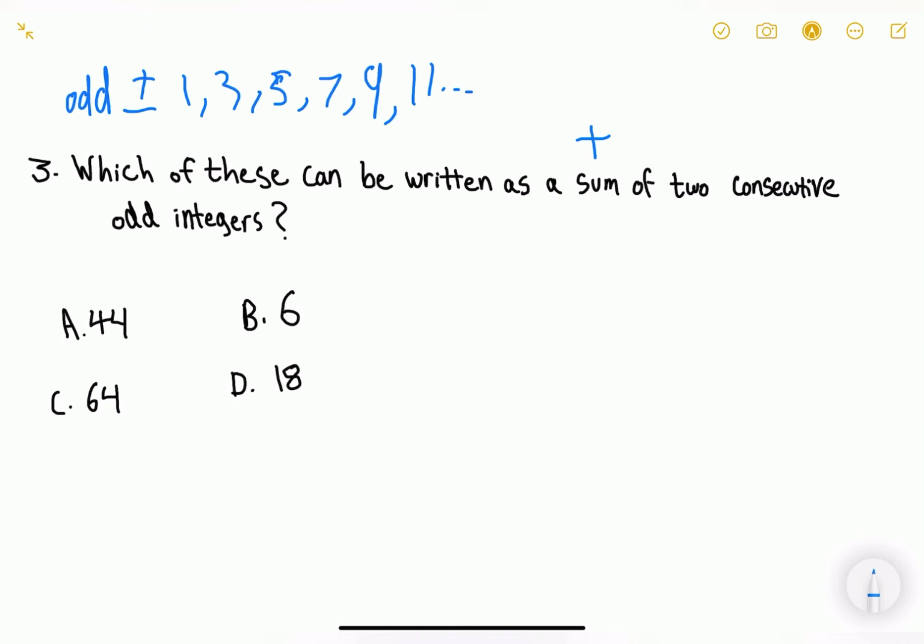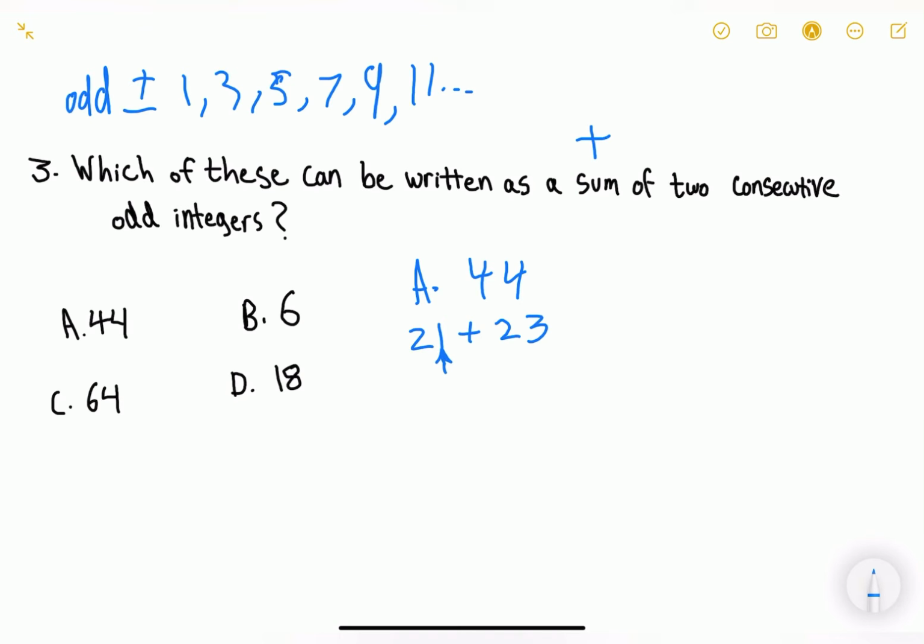Okay, so let's try out A. A says 44. So which two consecutive odd numbers can be written as the sum of 44? Well, we know to get 44, we can do 21 plus 23. And these are consecutive odd integers. Why?